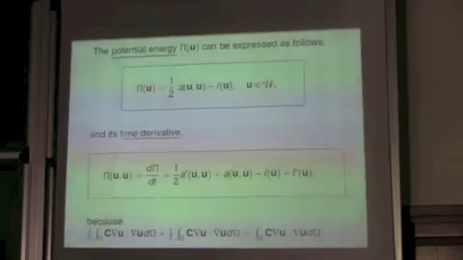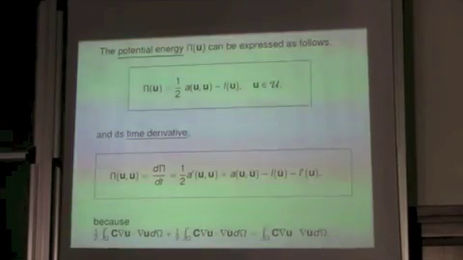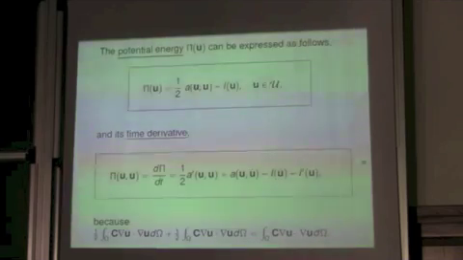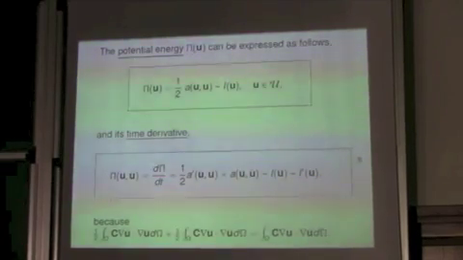And now we reach the point where we have to define potential energy. We describe potential energy in this form. Now we have to calculate the time derivative of this potential energy.